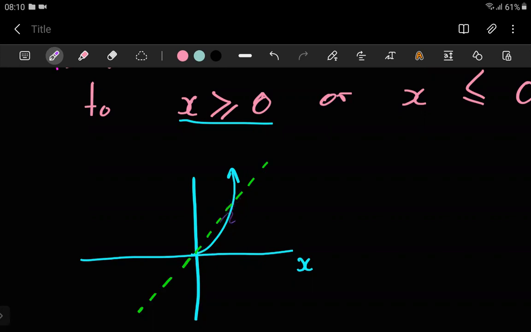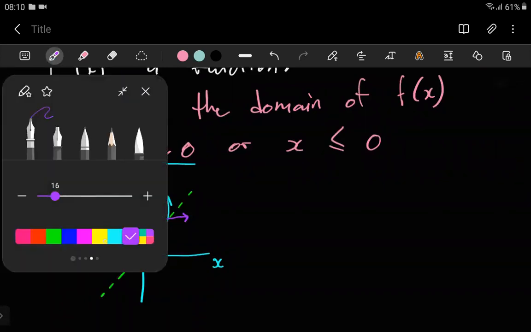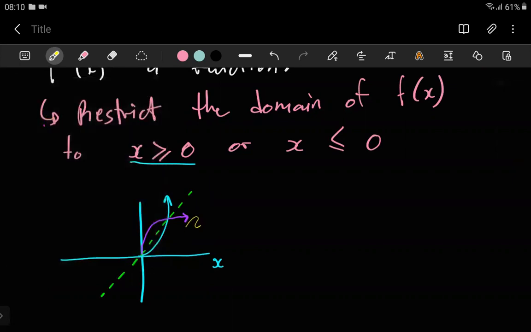It's on one side of your line of inverse. So automatically you should expect another one over there. And then you can see that if you have one here that stretches out like that, this one is going to go like this, and it's going to stretch out like that. So you have restricted the domain to x is bigger than or equal to 0. That's one option to making sure that your inverse is a function.